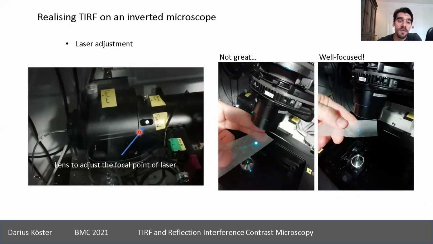So for this, you normally have, directly after the input of the laser, often a little slider where you have a little lens in front, which changes the focusing of your laser.